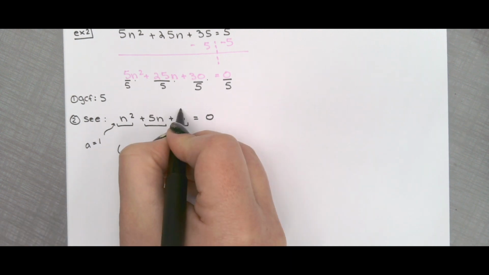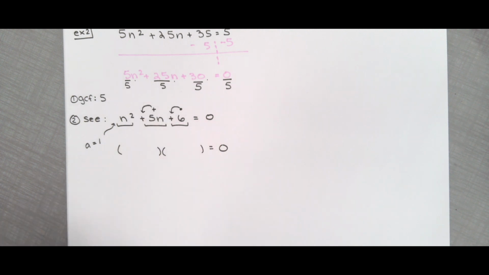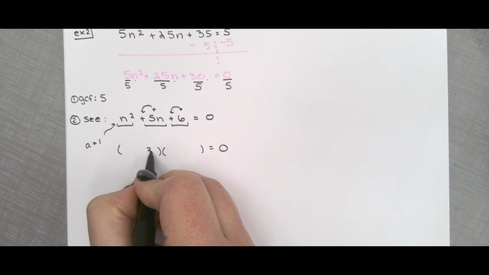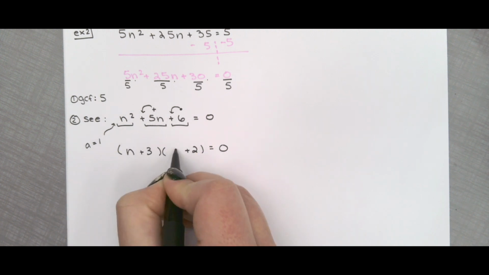Two numbers that multiply to a positive 6, but add up to a positive 5. If you're thinking 6 and 1, 6 and 1 doesn't work because that would end up being 7, not 5. Good. 3 and 2. Both of these are positive, so we need positives here.